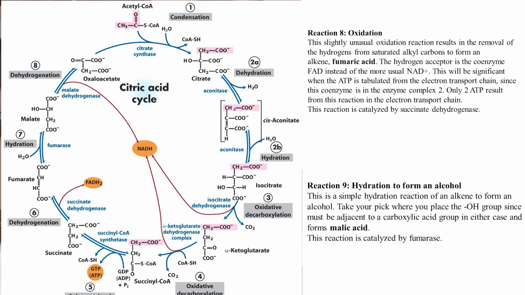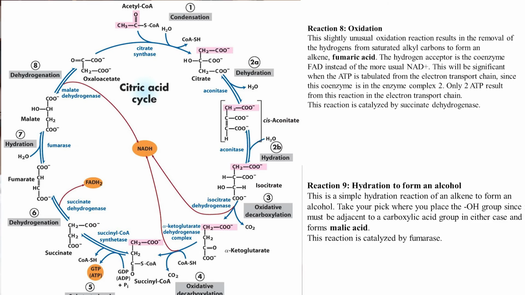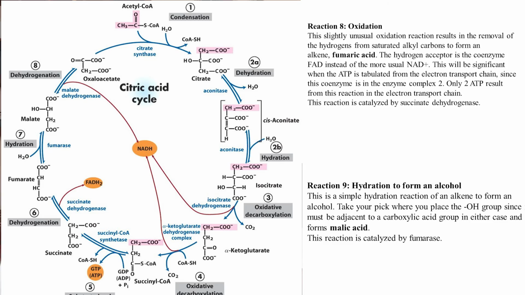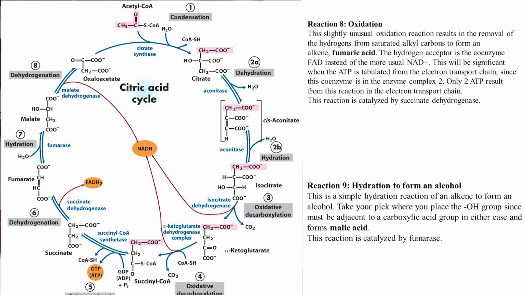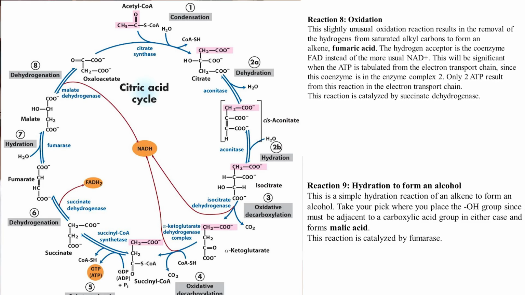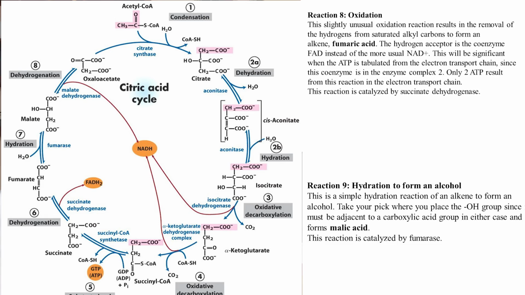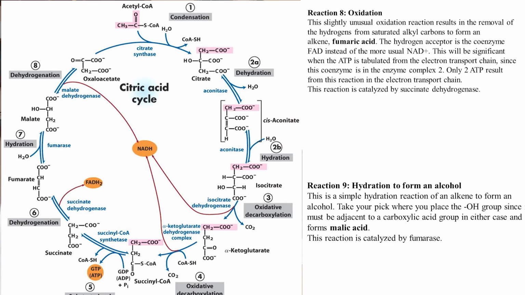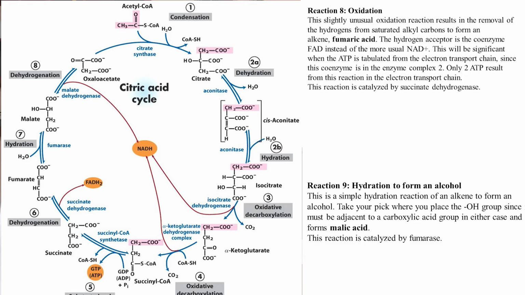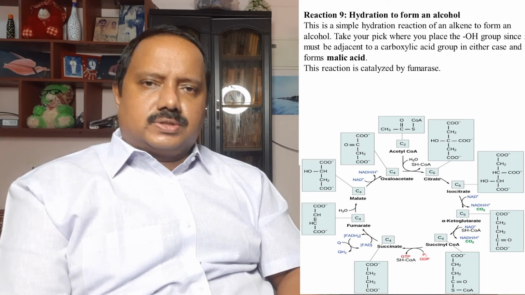The hydrogen acceptor is the coenzyme FAD instead of the more usual NAD+. This will be significant when the ATP is tabulated from the electron transport chain, since this coenzyme is in the enzyme complex 2. Only 2 ATP result from this reaction in the electron transport chain. This reaction is catalyzed by succinate dehydrogenase.